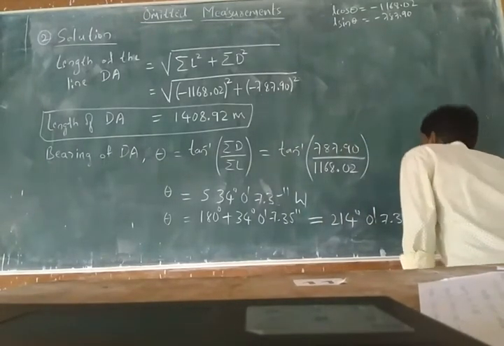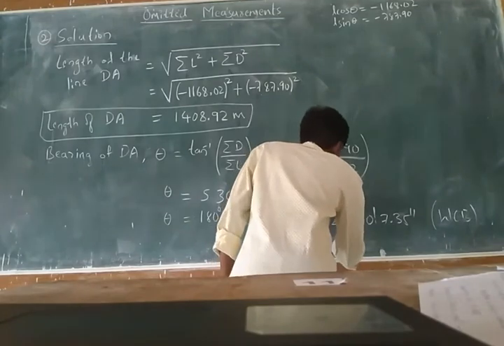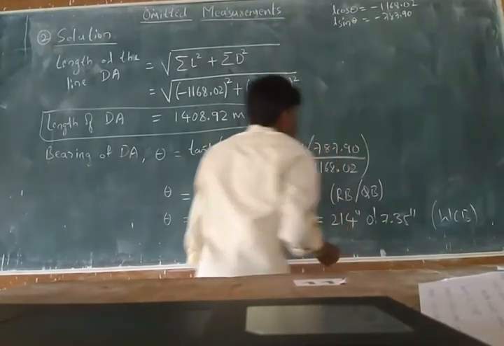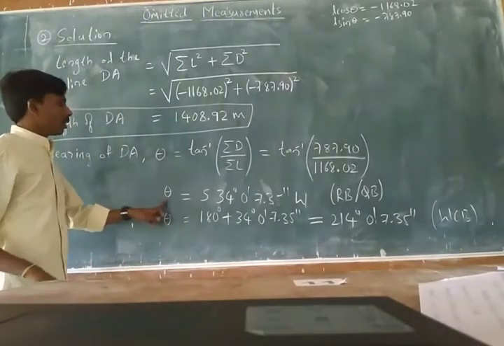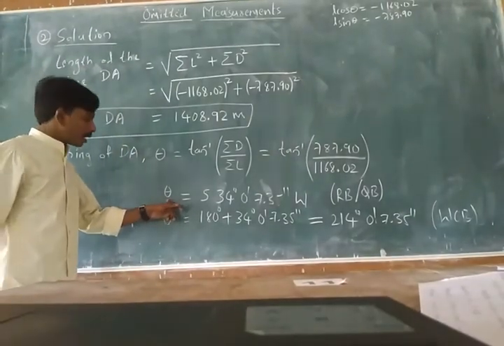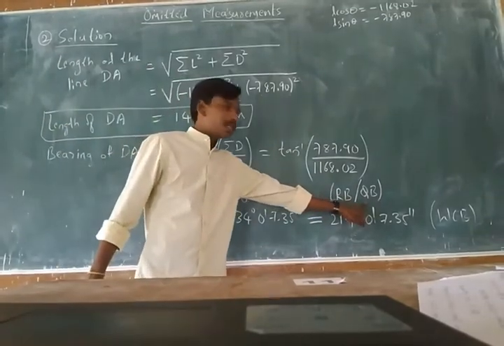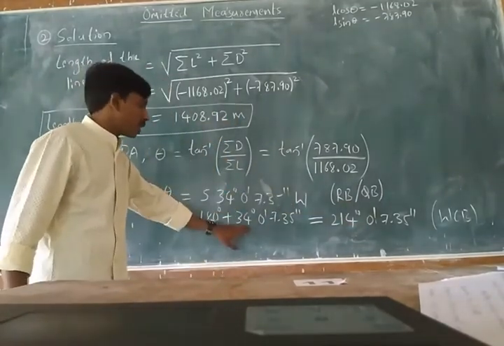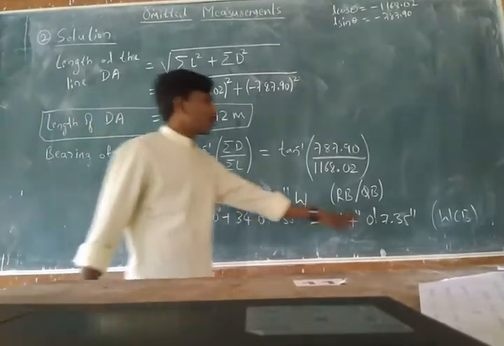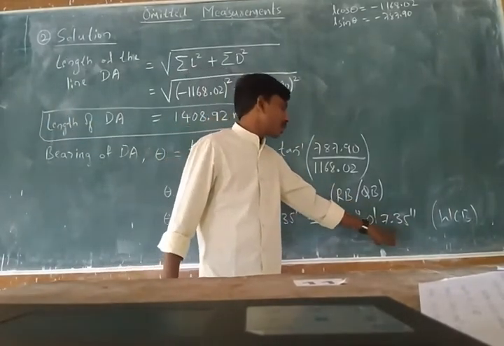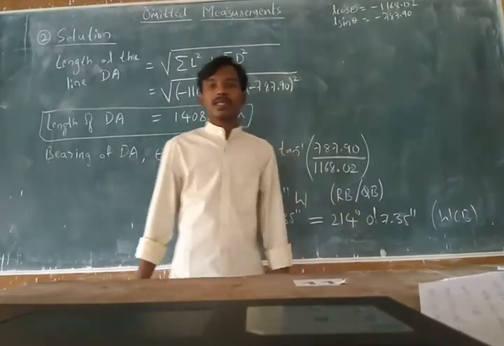The theta value we obtained first was in reduced bearing or quadrantal bearing system. Now we have converted the same into the whole circle bearing system, and the value is 214 degrees 0 minutes 7.35 seconds.